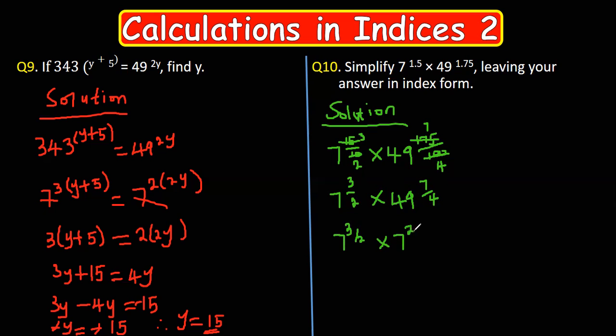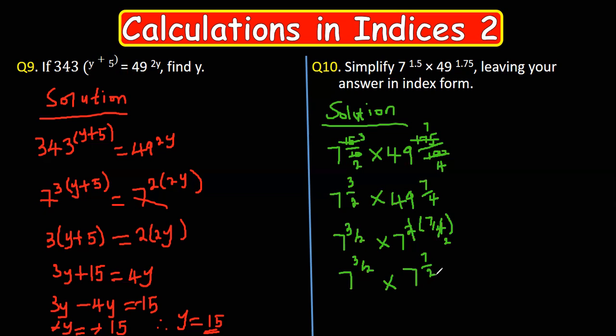So we should have 7 squared in brackets raised to the power of 7 over 4. Don't forget this bracket. The 2 and the 4 cancel, and we should have 2 over 4 giving 7 over 2. Let's follow the steps, not rushing. Then 7 is raised to the power of 7 over 2.